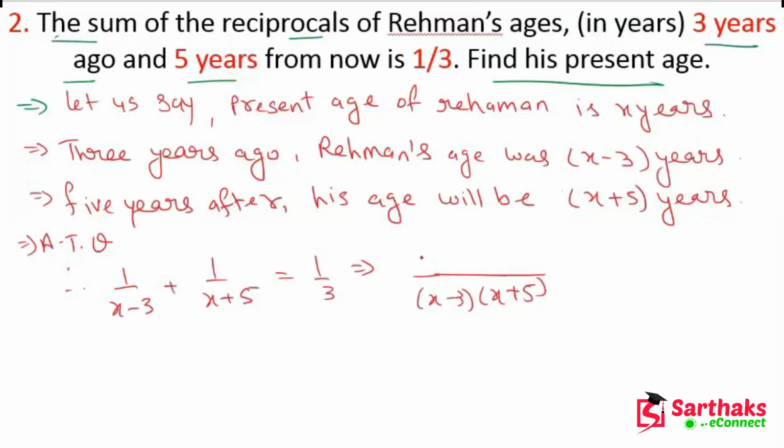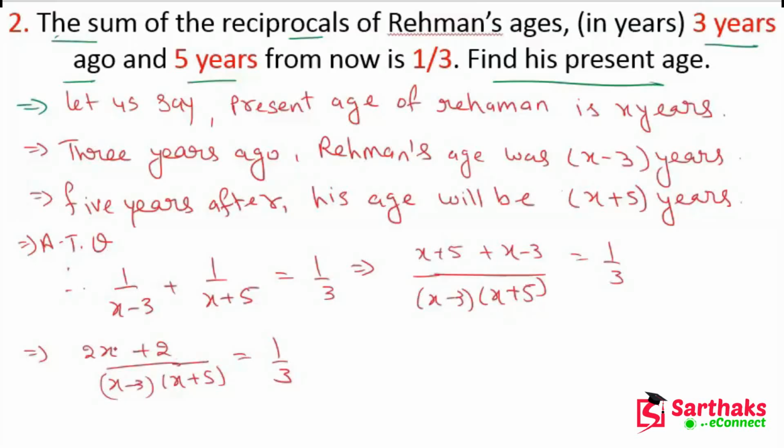Okay, and if you solve it, this will give x plus 5 plus x minus 3, which is equal to 1 upon 3. So now this will become 2x plus 2 upon x minus 3 x plus 5 is equal to 1 upon 3.